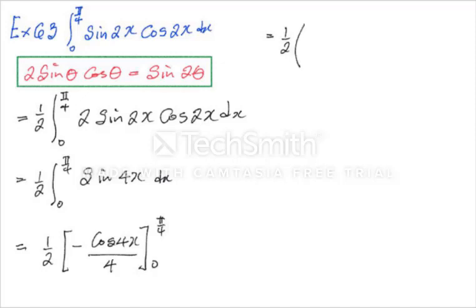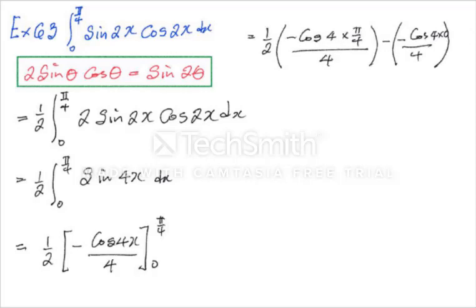First, when x is equal to pi by 4, I'm going to get minus cos 4 times pi by 4 all over 4, minus cosine, when it's 0, 4 times 0 all over 4, and of course it is this entire thing that I'm multiplying by a half.